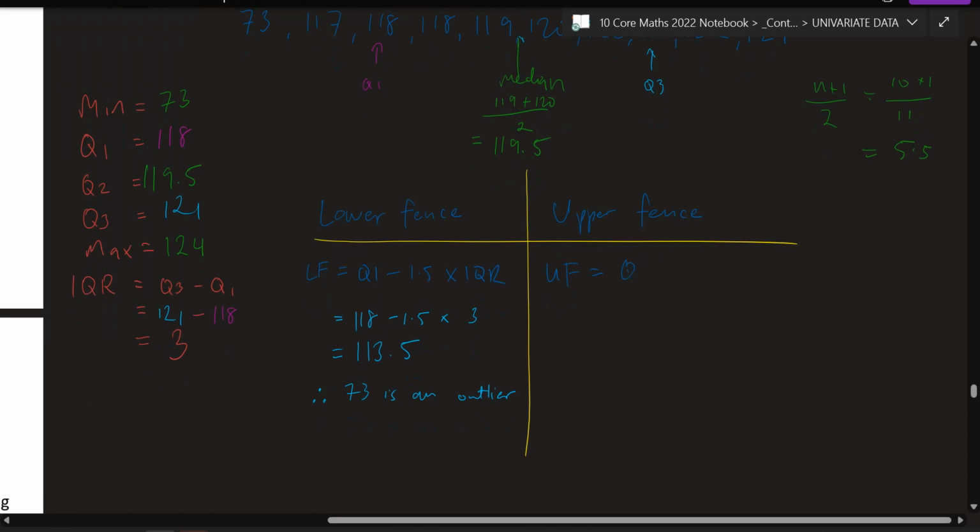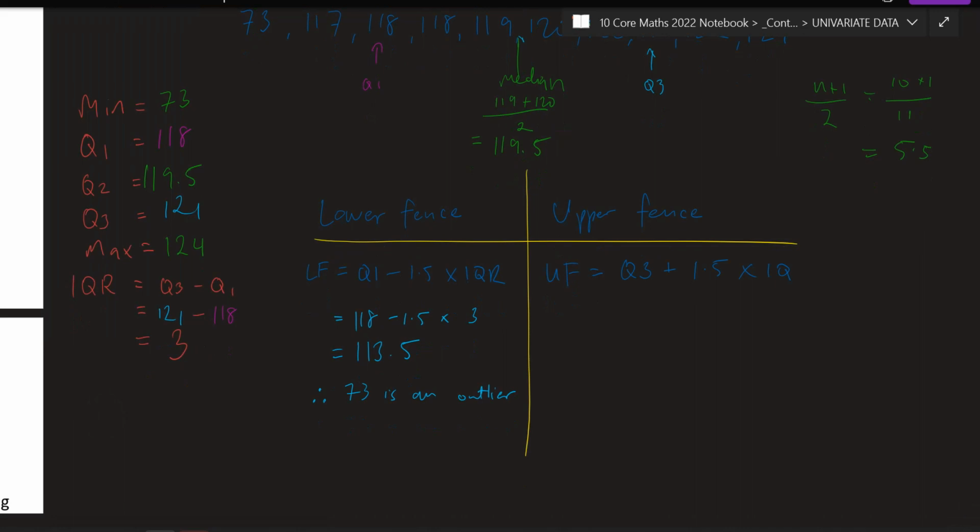So the upper fence is Q3 plus 1.5 times IQR. Let's calculate that. Q3, I can see, is 121. The reason I get you to do this is because you can easily just look at the numbers and figure out what you need to do in your fences. My IQR is the same; that doesn't change.